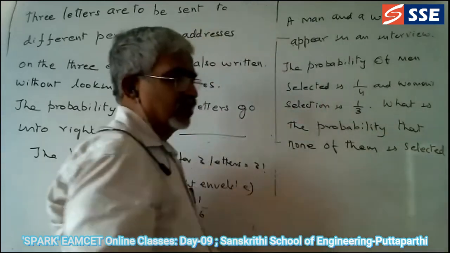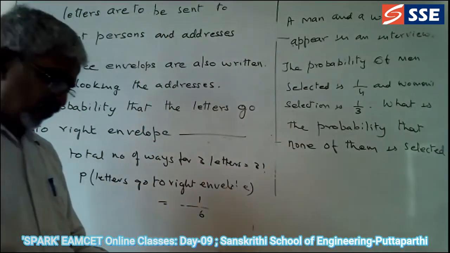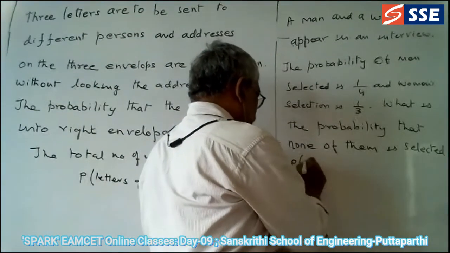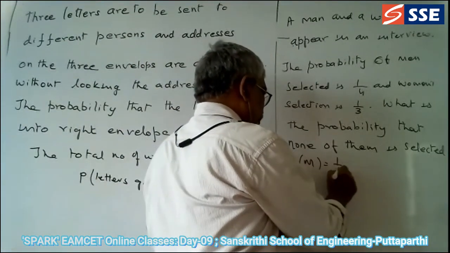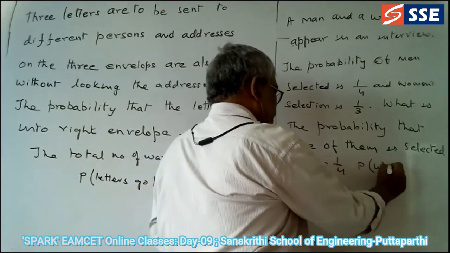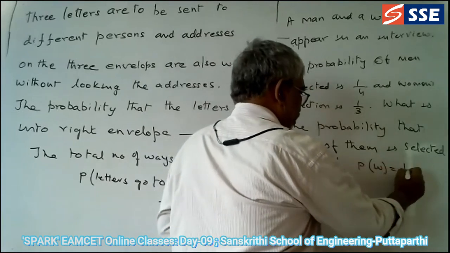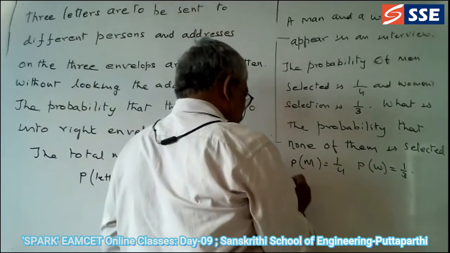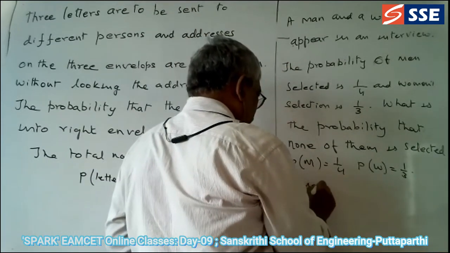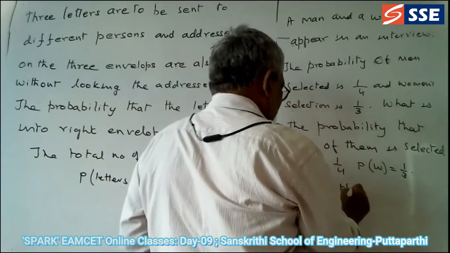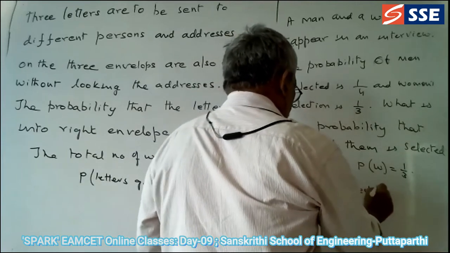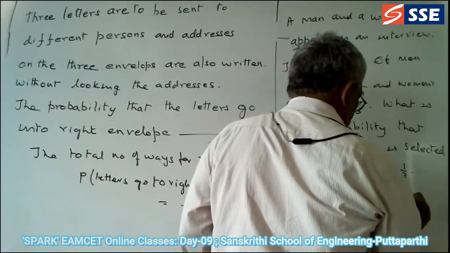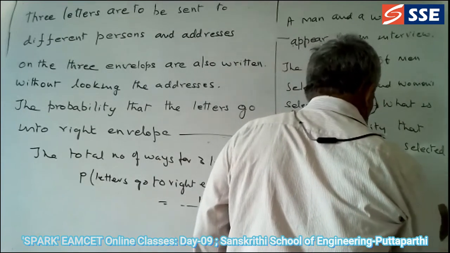So the probability that the man is selected is 1 by 4. The probability that the woman is selected is 1 by 3. So the probability of the man not being selected is 1 minus 1 by 4, it is 3 by 4.